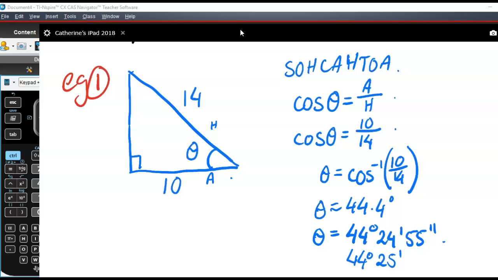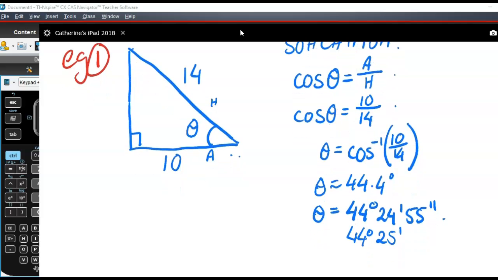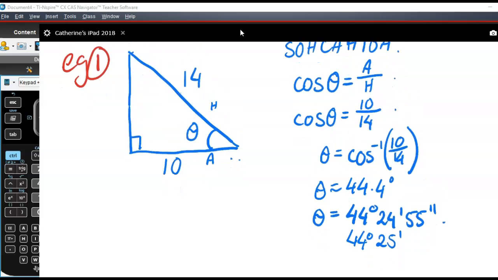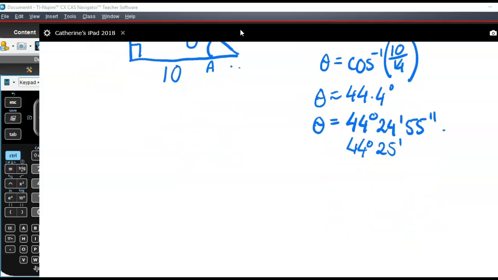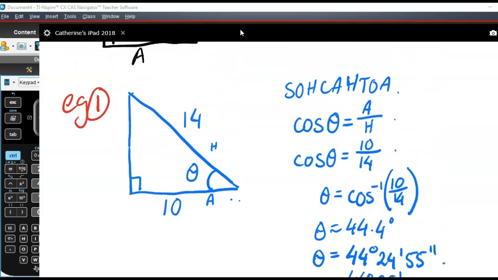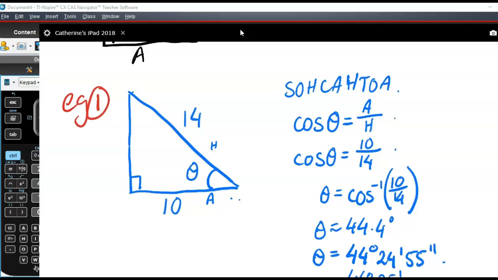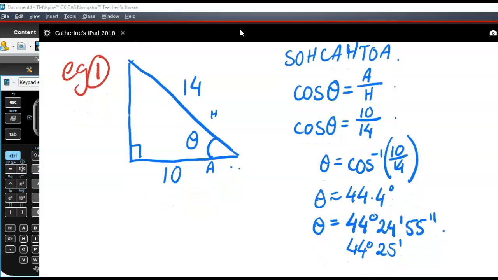Now, when you're looking at written questions, you're doing the same process. You're reading the question, trying to figure out what the triangle is, drawing that triangle, and then writing out your workings out. Now that was a cosine or cos.